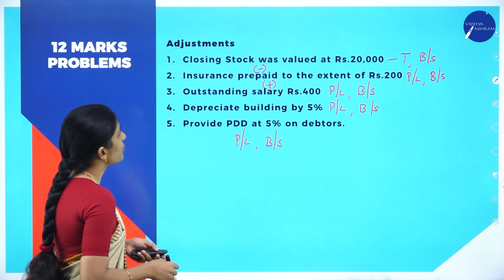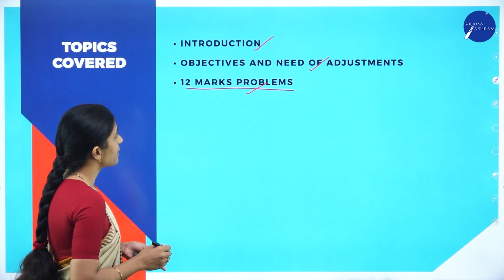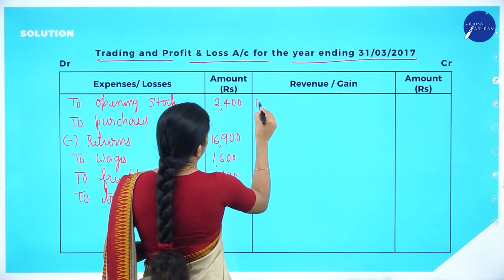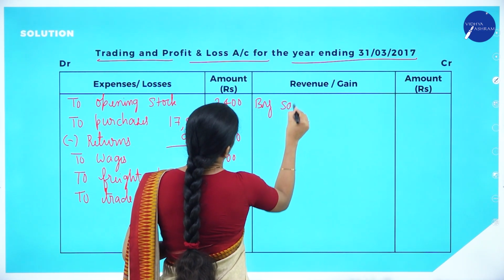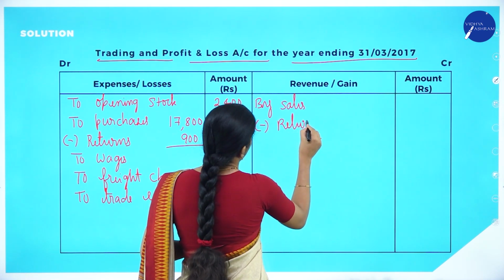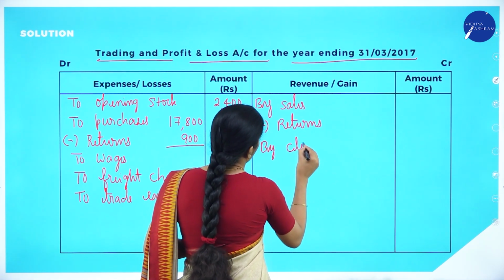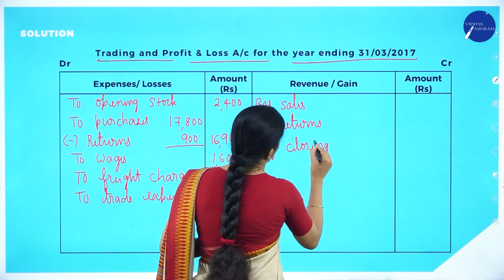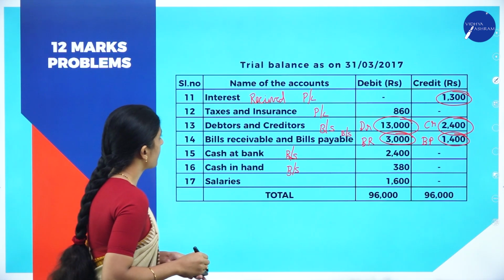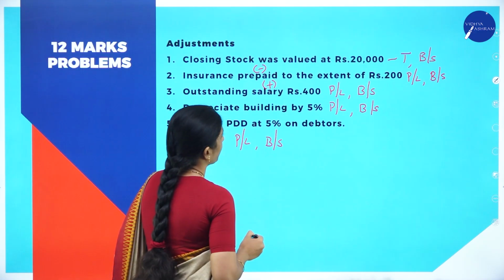Now coming to your adjustments, yes, we have closing stock. So we will record by sales less returns. You have to record in the credit side by sales and minus returns. And again we have closing stock also. So by closing stock. The sales amount is 30,000 minus 560.